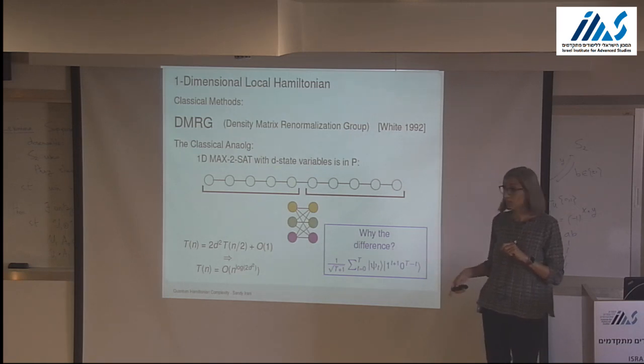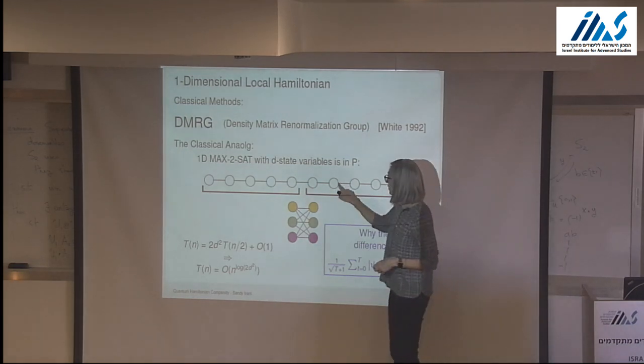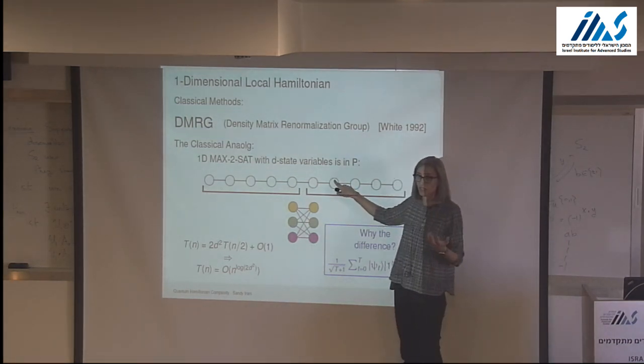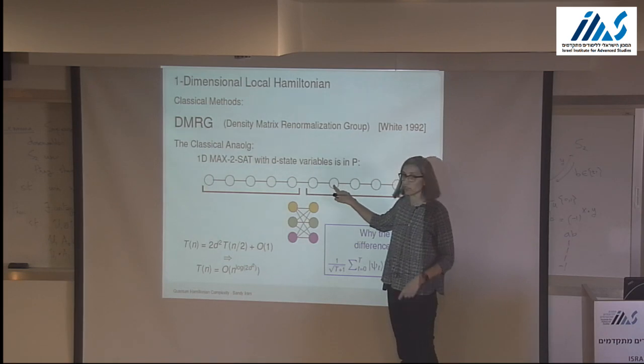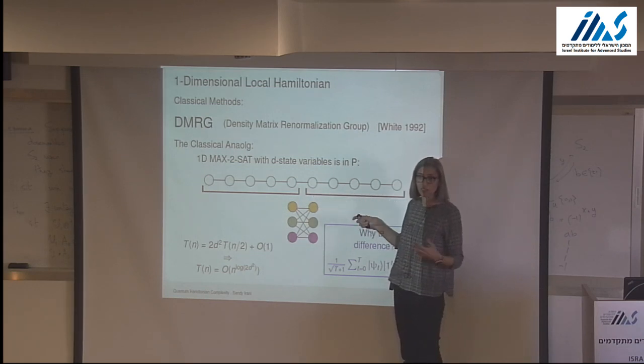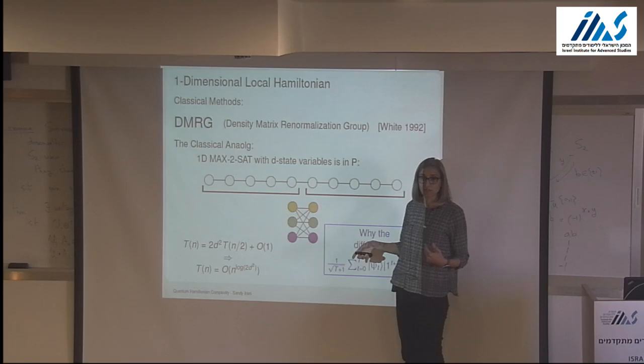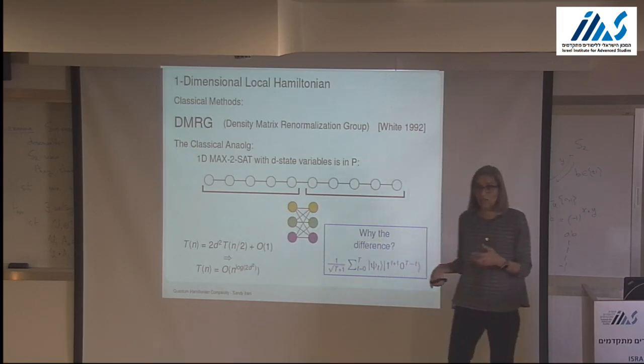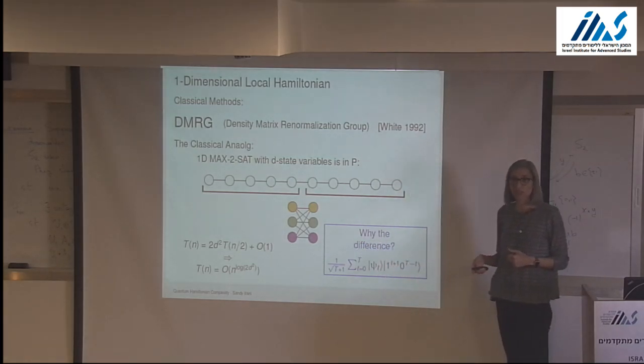So, yeah, it's a constraint satisfaction problem. Each one of these circles can take on one of D values. For each pair, there's a cost depending on what the colors are, and then I want to find the way to color this line so as to minimize cost. Okay, and you can encode that. That's a special case of local Hamiltonian.